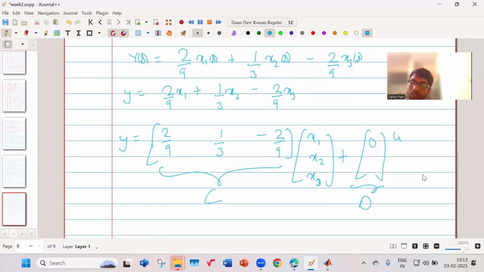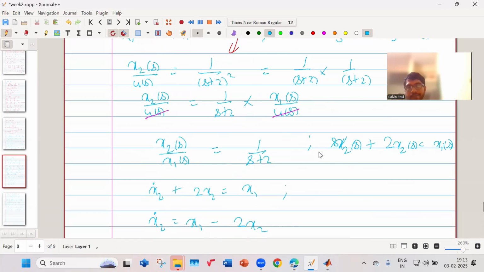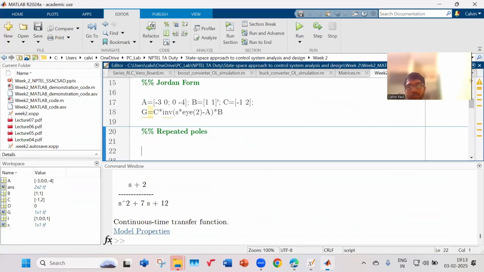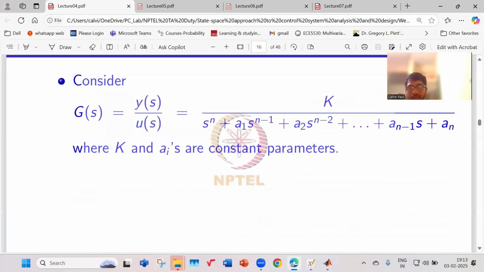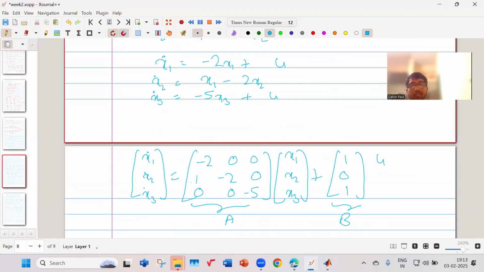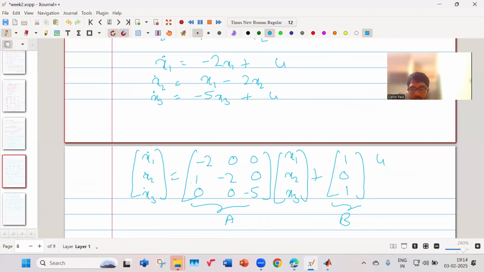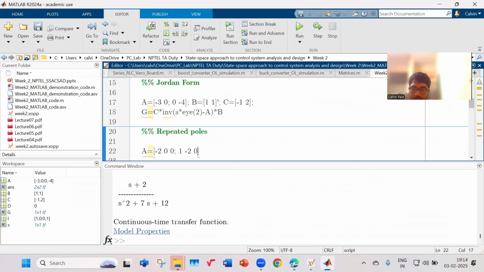So again, as is our normal custom, we will write it in terms of matrices and just check the transfer function to check if our answer is correct. So the A matrix is given by minus 2, 0, 0, then 1, minus 2, 0, and then 0, 0, minus 5.